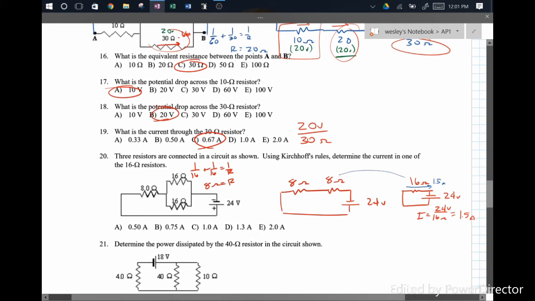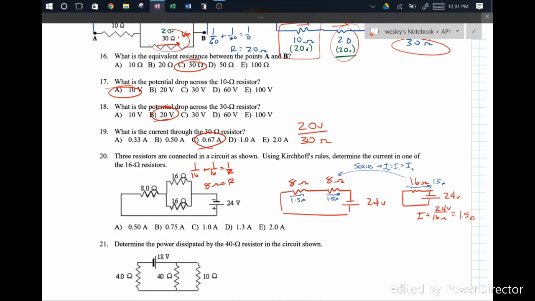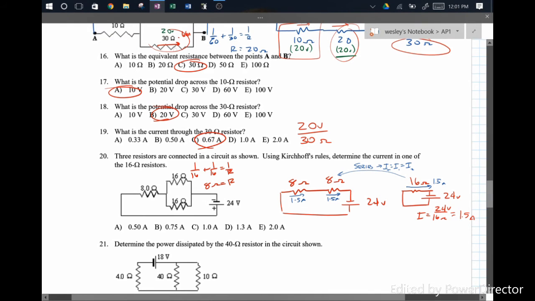But since that's a combination of things in series, and in series, current is equal to current is equal to current, the same total current is the same as the individual currents. Each one of these has 1.5 amps running through it. Now we know the resistance of each resistor and the current running through each resistor.